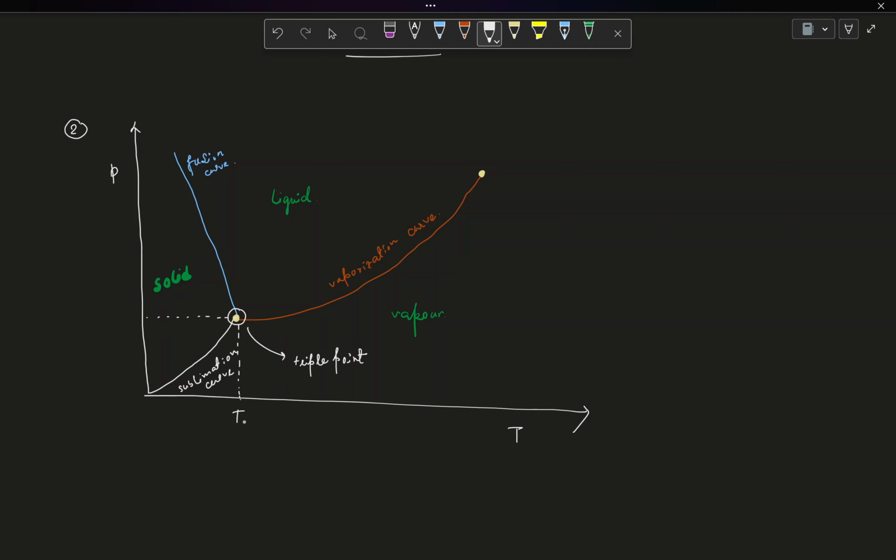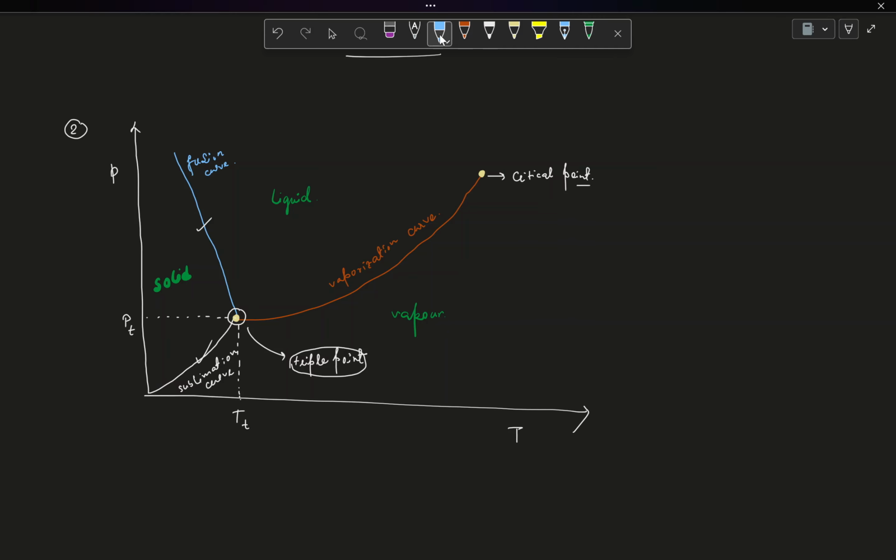This is your T, let's say T subscript T. This is the triple point that they are asking about in the question, and the other two pieces of information in the question are the sublimation curve over here and the vaporization curve over here. And this one, just for the sake of completeness of the diagram, is your critical point, and above this is your critical region.